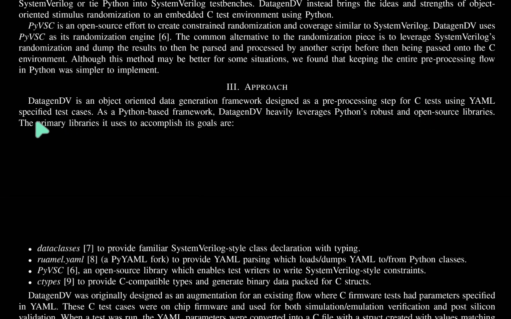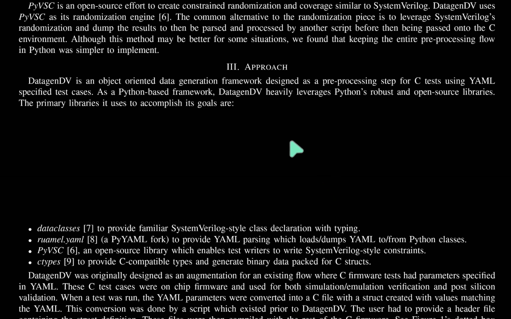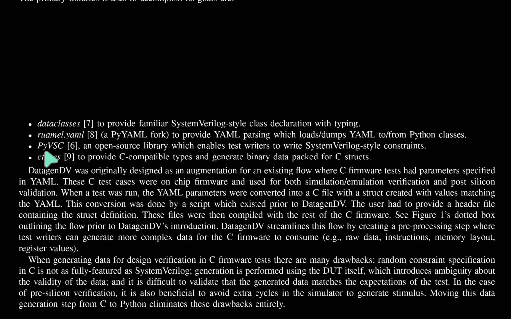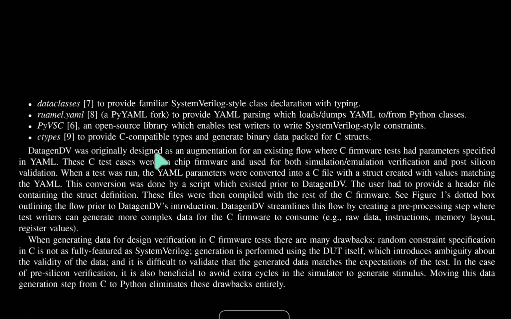The primary libraries it uses to accomplish its goals are: dataclasses, to provide familiar SystemVerilog-style class declaration with typing; ruamel.yaml, a PyYAML fork, to provide YAML parsing which loads and dumps the YAML to and from Python classes; PyVSC, an open source library which enables test writers to write SystemVerilog-style constraints; and ctypes, to provide C-compatible types and generate binary data packed for C structures.